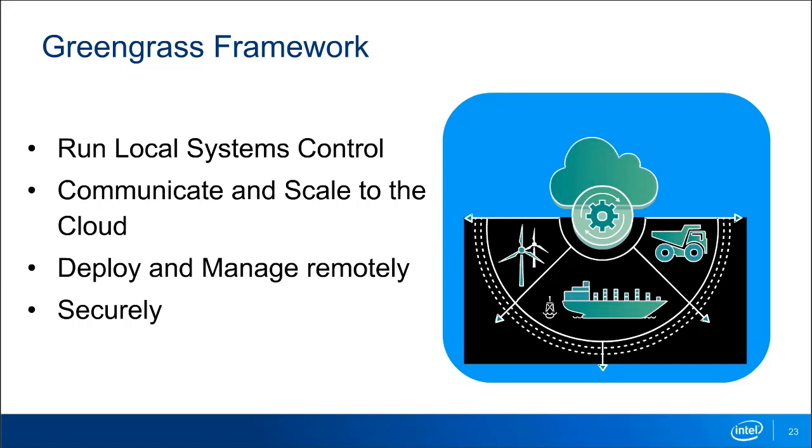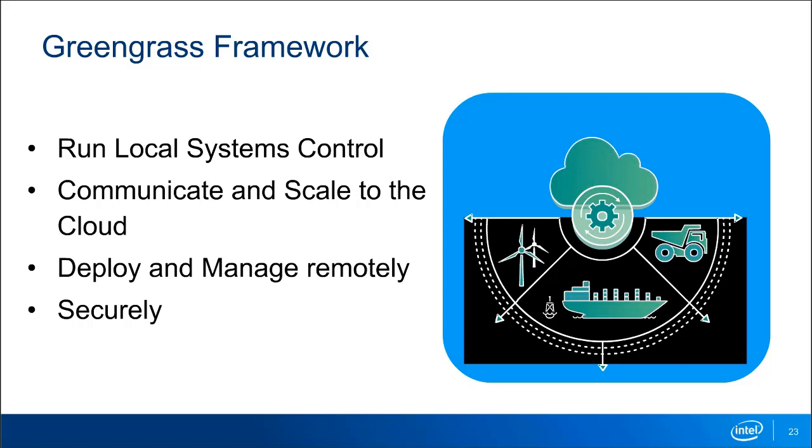But also, since Greengrass uses the same APIs and the same data structure as AWS IoT, we are also able to scale very easily from that edge compute model to the cloud compute model very quickly, depending on our business needs. So we're able to provision our Greengrass core, the functions, and the subscriptions in the cloud, and then deploy it remotely to our devices.